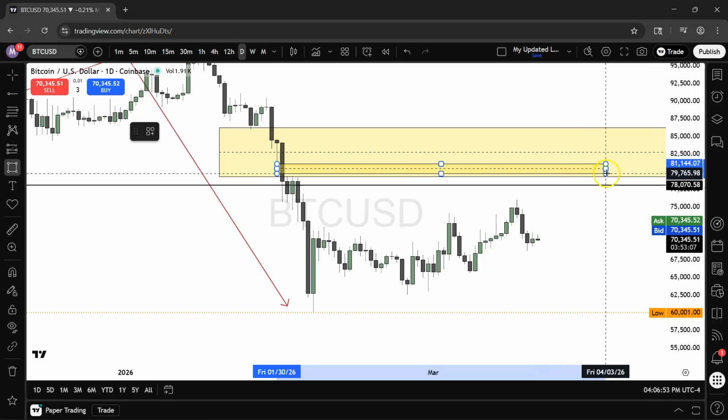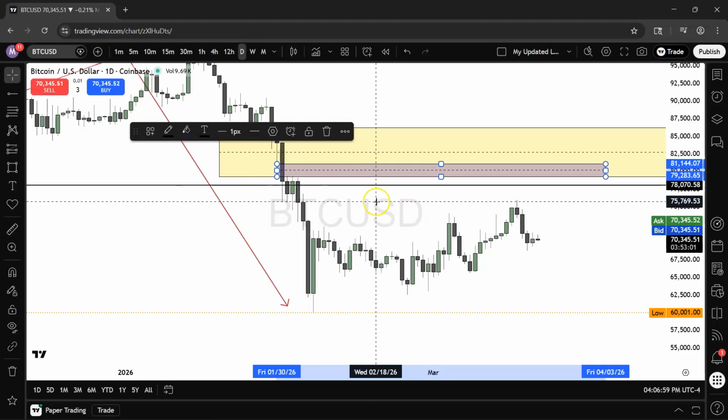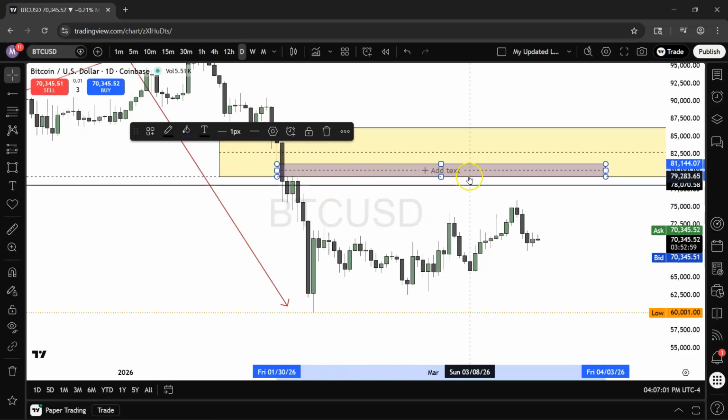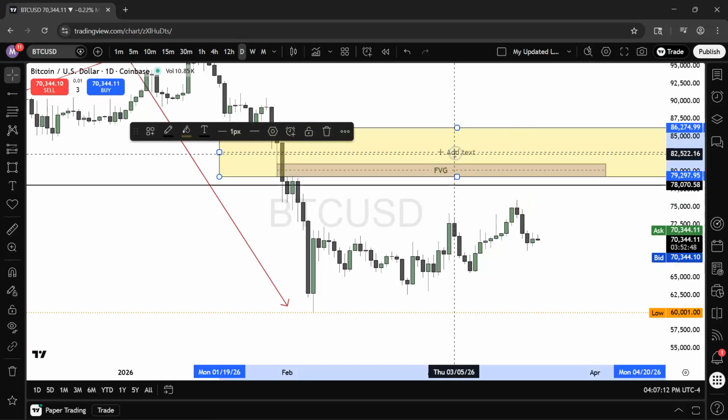So you can create another box, color it a different color, and say this is a fair value gap as well. We're going to put in fair value gap. And this is a fair value gap from the weekly.